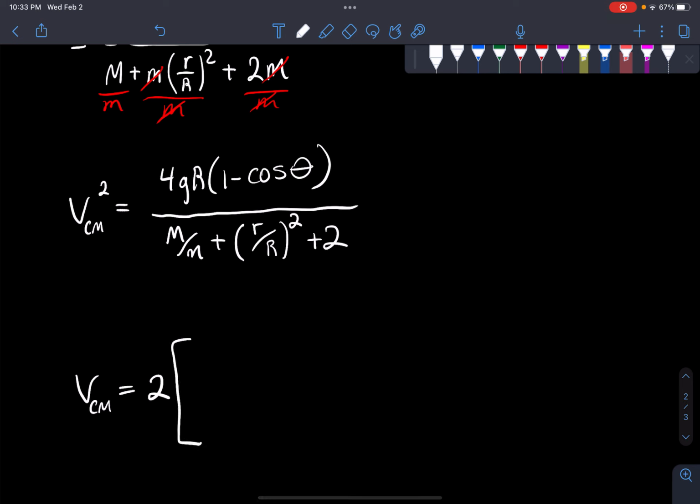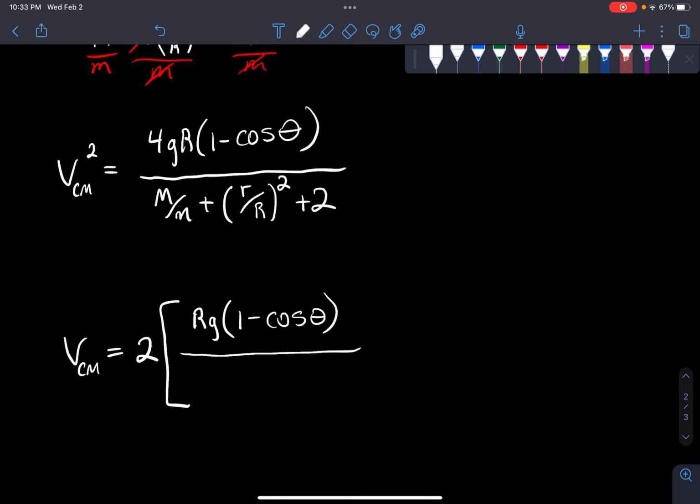I think they write it as RG, so I'm just going to flip that. So we have RG times 1 minus cos theta, divided by capital M divided by little m plus little r divided by big R squared, plus 2, to the 1/2.